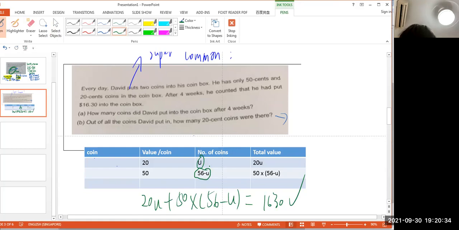Okay. Then I think I know. Then for the total value, I found it. Yeah, for the total value is this 2 times to get this. This is straightforward.